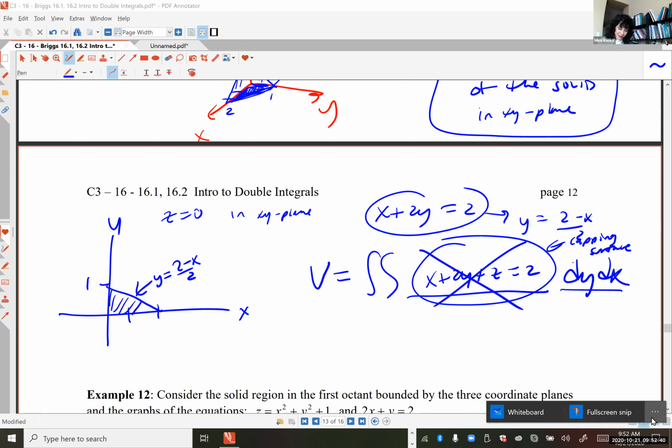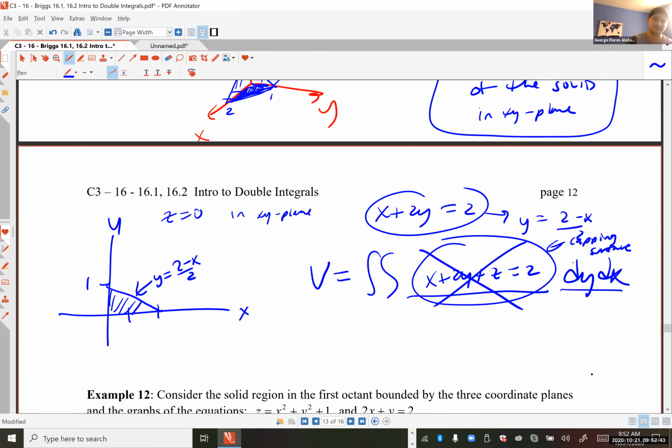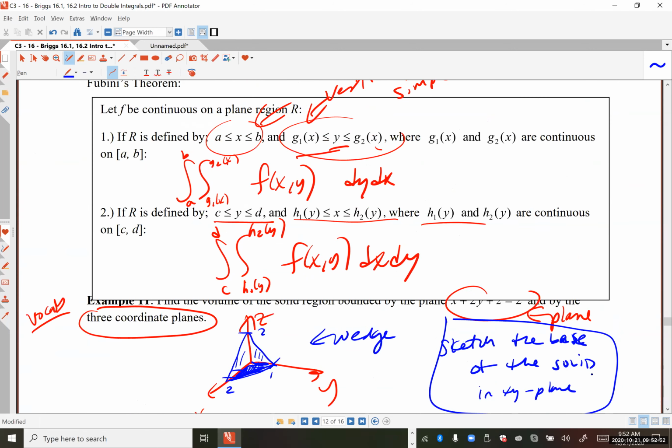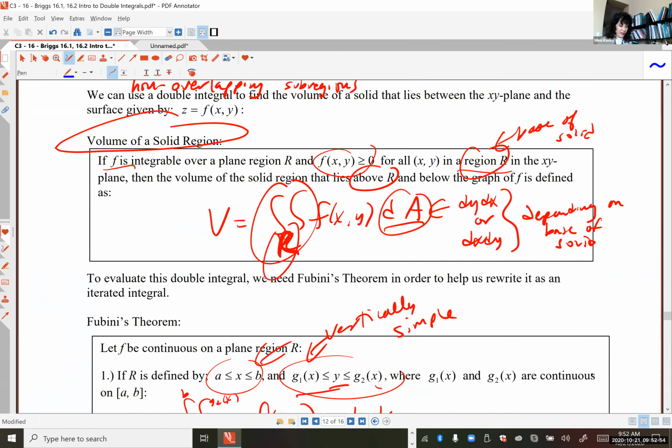Are you integrating the line? Do we have to set it equal to 0? Let's look back at the volume of a solid definition. You don't put an equation in there. You're going to put a function. But they didn't give it to us using function notation. I taught you enough in the last chapter where you know this. You got this.